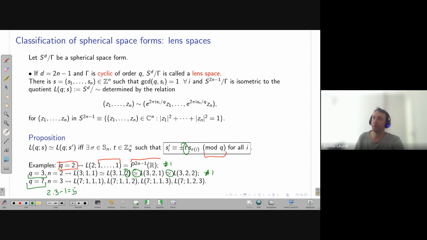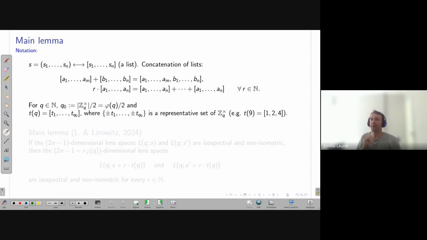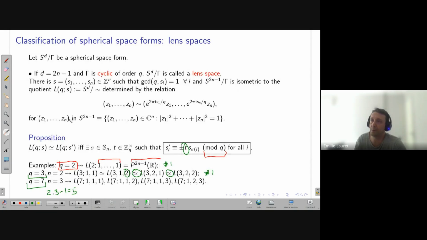So remember, we are interested in looking for isospectral spherical space forms with highest volume, which means smallest fundamental group, and the fundamental group will be a length space, so it's going to be cyclic. And here I will introduce a main lemma to produce many of them, but let me introduce some notation. We were working, remember, with n-tuples, right?